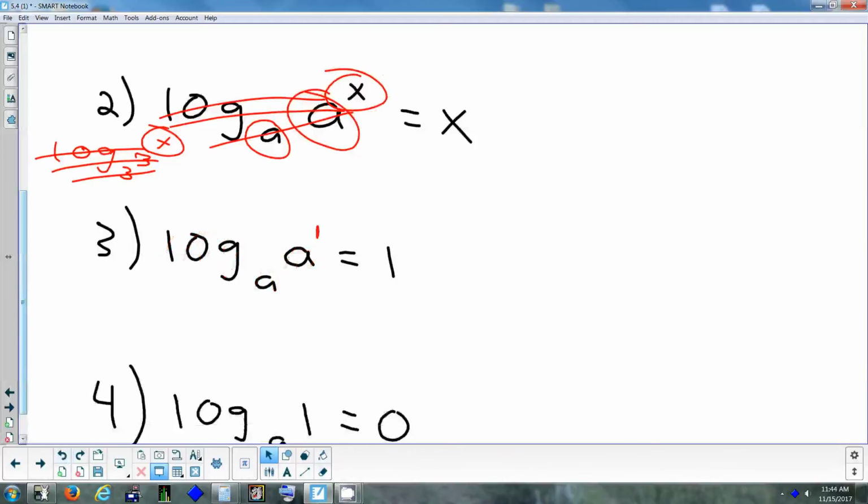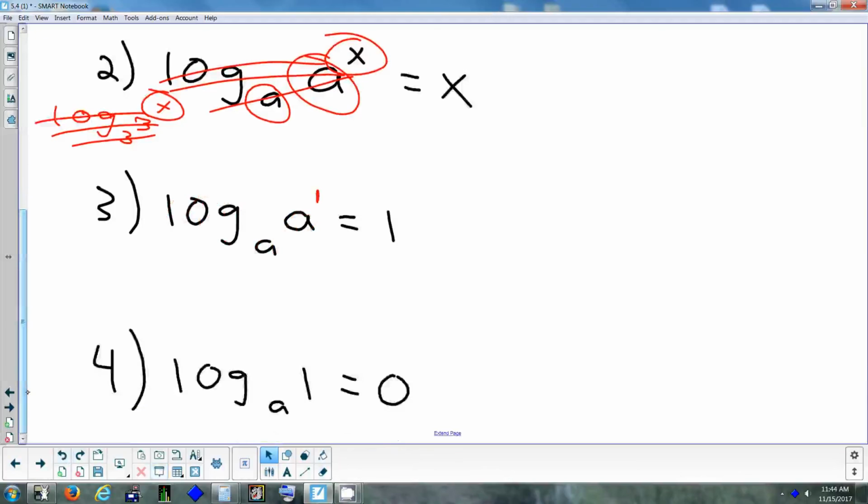And the last special pattern says log base a of 1 equals 0. In other words, if you take the log of 1, it doesn't matter what the base is. The answer is always 0.